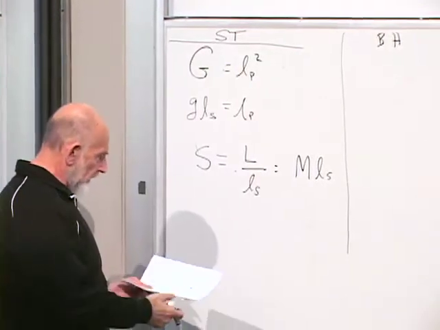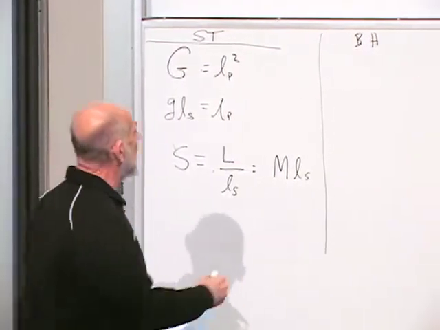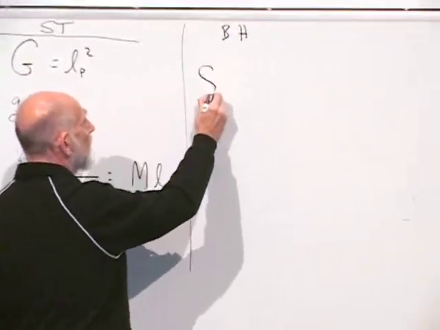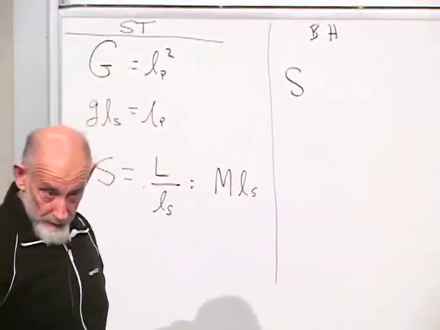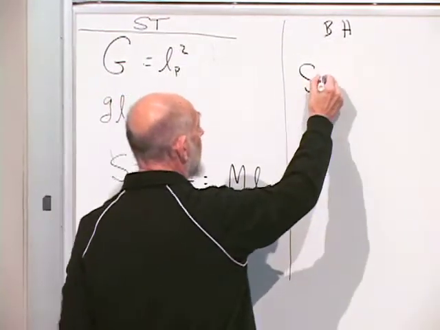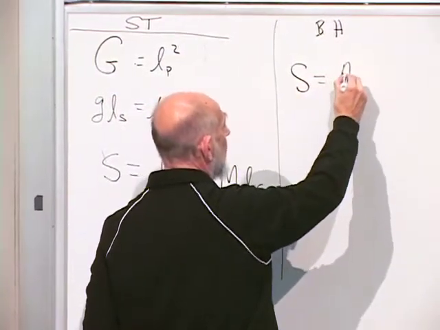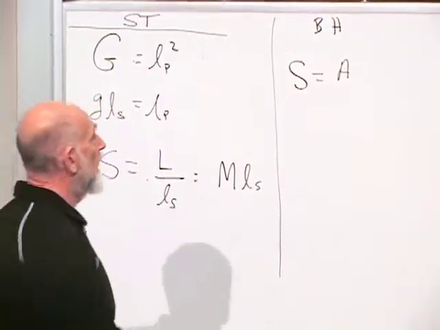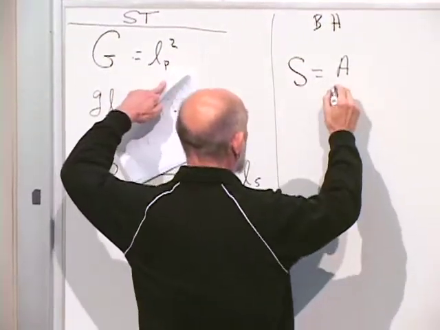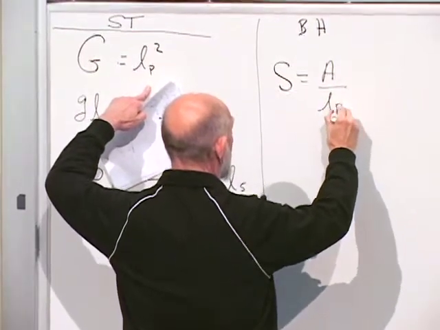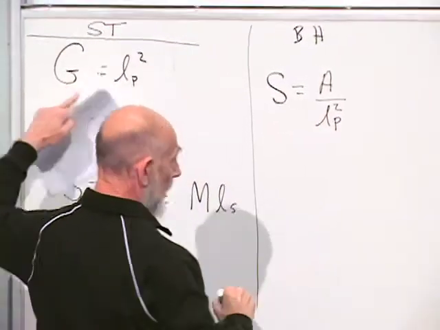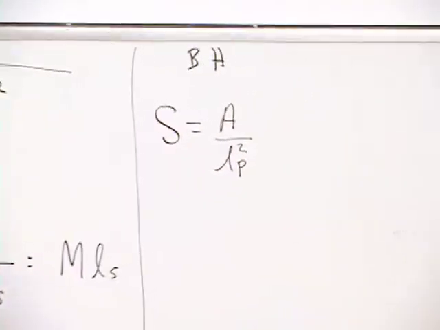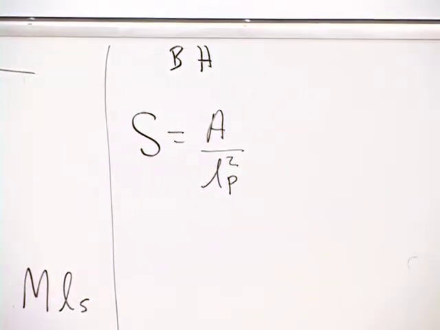This, of course, is part of it, but I'm mainly interested in the entropy of a black hole. The entropy of the black hole, according to Bekenstein, is equal to the area of the horizon, A, divided by either L Planck squared or capital G, and they're the same thing, so I'm not cheating you or anything.